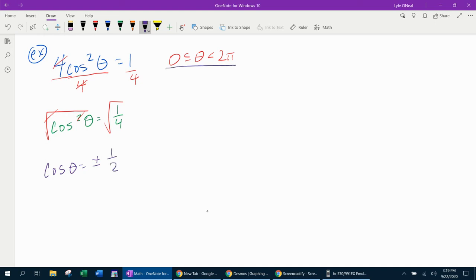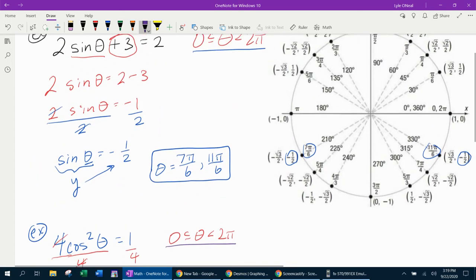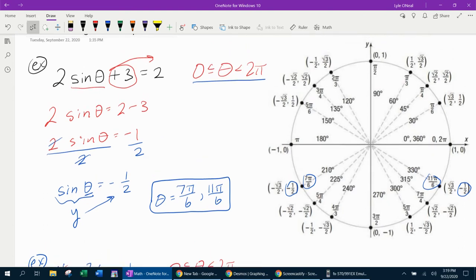So since we're restricted to one revolution of the unit circle, we're now going to go find all of the angles theta where the ordered pair has an x-coordinate of plus or minus a half. So back to our unit circle, x-coordinate of plus or minus a half.